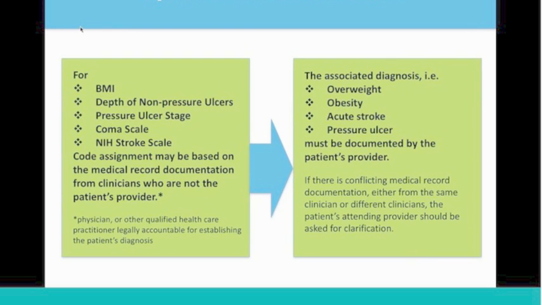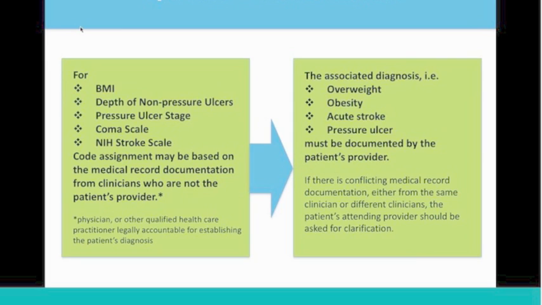So for specific documentation, some things have changed in regards to BMI, depth of non-pressure ulcers, pressure ulcer stage, coma scale, and the NIH stroke scale. Code assignment may be based on medical record documentation from clinicians who are not the patient's provider. So, i.e. a physician or other qualified healthcare practitioner, someone who is legally accountable for establishing the patient's diagnosis code.